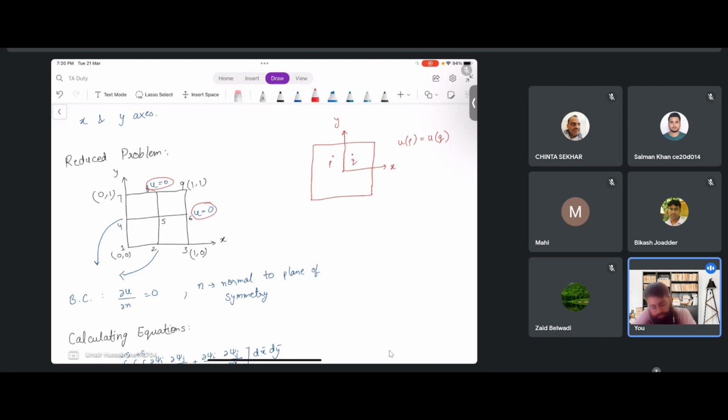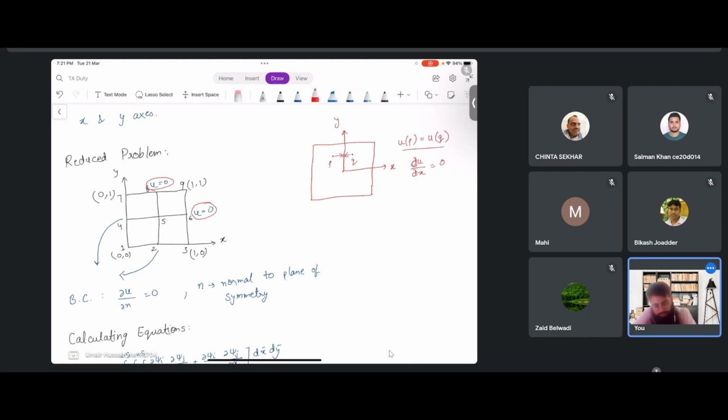And as these points come closer, this condition will hold until P and Q are at a very small distance. That means right at the boundary of the domain, I mean this plane, the slope of the solution would be zero. So for this case, the slope in the x direction would be zero, or I'll write partial.